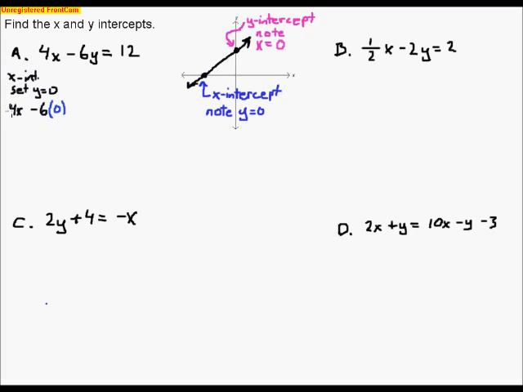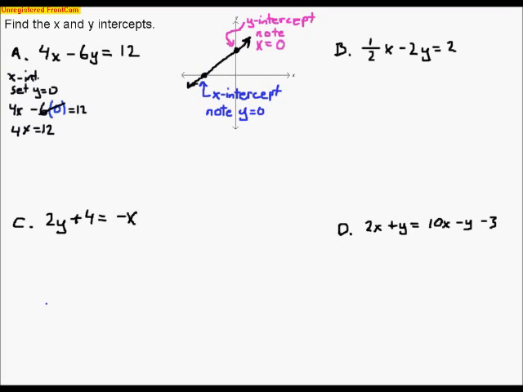So I've got the 4x, the minus 6, but instead of y we put 0, and this all equals 12. The reason we did this is to cancel out the y term. So we're just left with the x, and now we just have 4x equals 12.